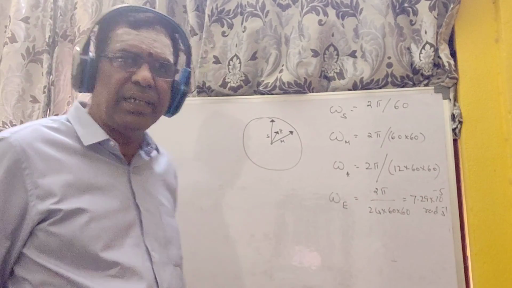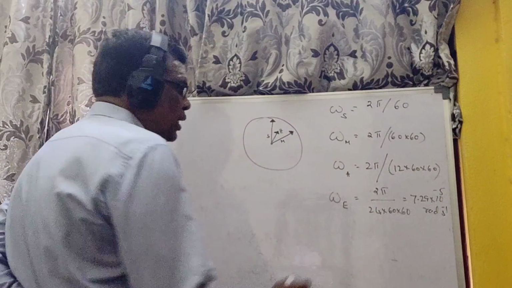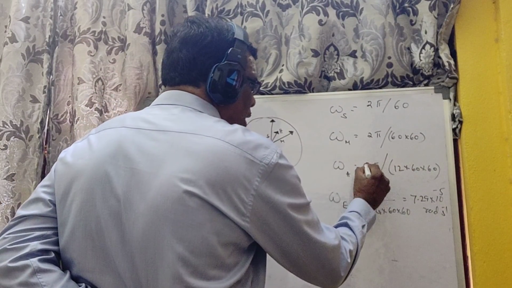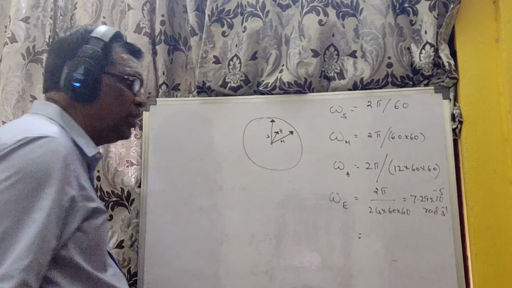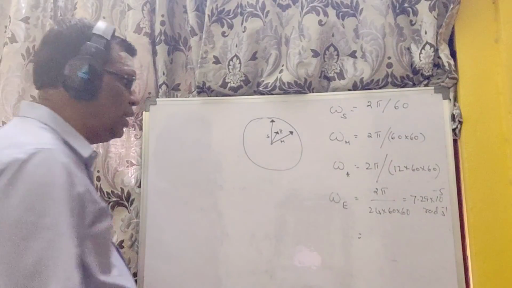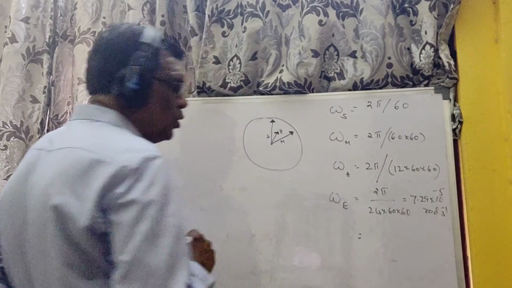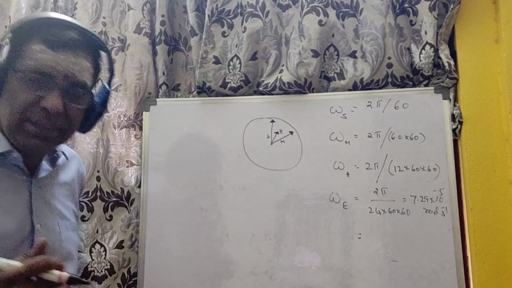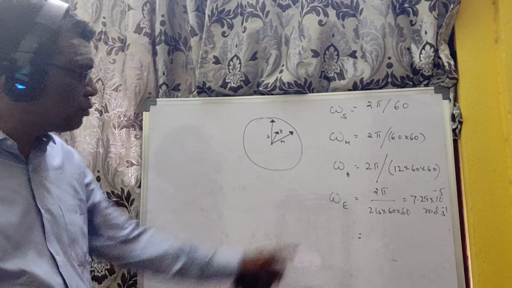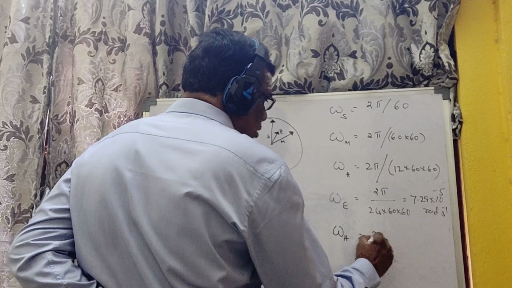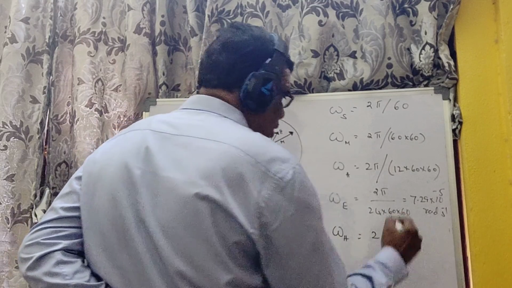If you work out, you will get that answer. And now if I multiply with the 2 and divide with the 2, how much do you get as far as omega h is concerned? What is omega h? 2 omega e.